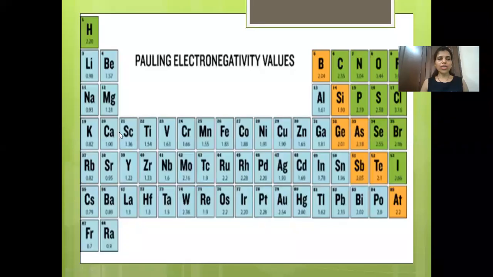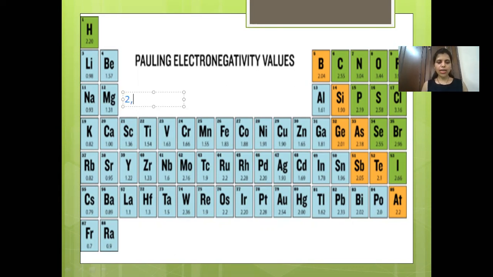So children, here you can see that when we are talking down the group, if you observe, when you compare magnesium and calcium, the nuclear charge is definitely going to be more for calcium.